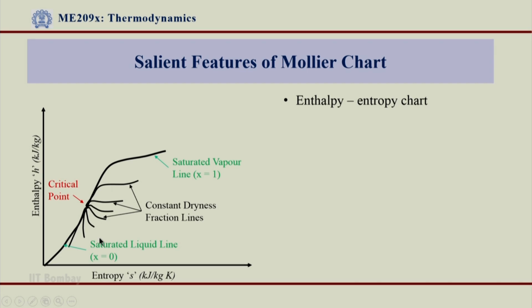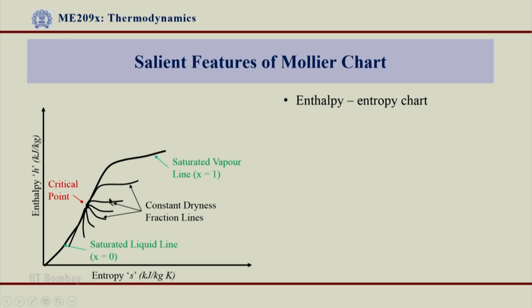All other lines shown here schematically are constant dryness fraction lines, that means x values. So, this could be 0.1, 0.2, 0.3, 0.4, 0.5, and so on, somewhere here x is equal to 0.9, and things like that.